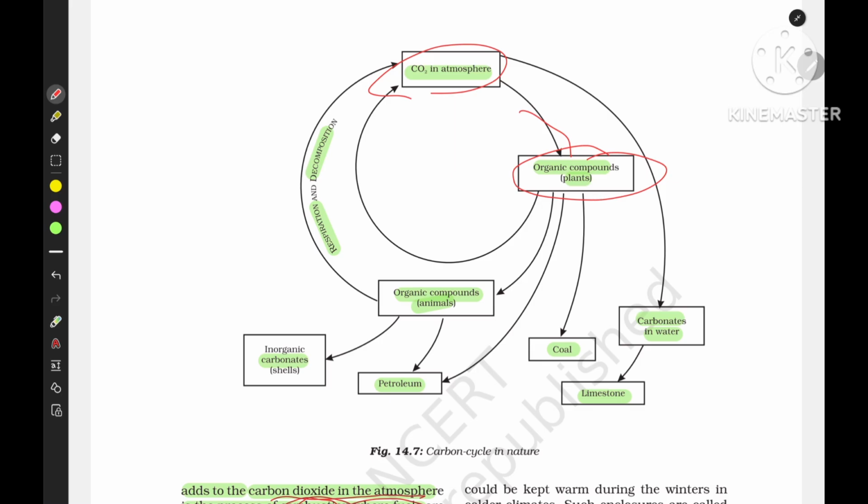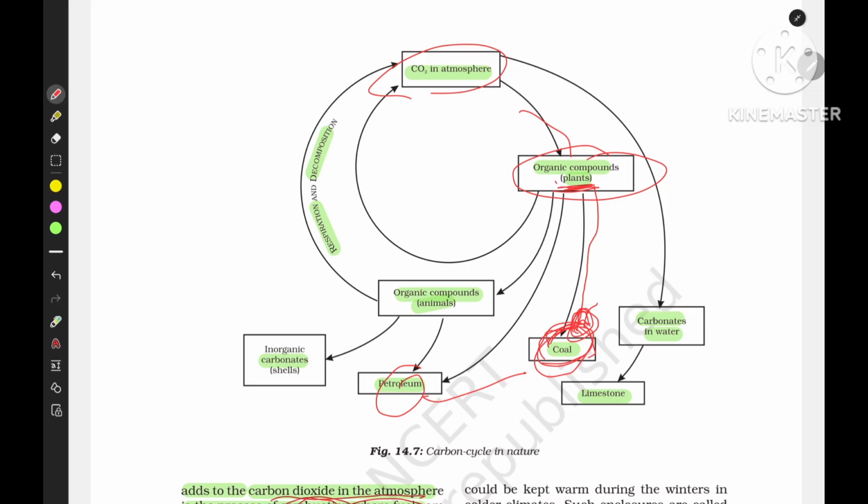First, when the plant dies, it becomes coal, and coal is a natural fuel which contains hydrocarbons, made from this carbon. In another case, they also form petroleum. Coal and petroleum are formed from decayed organic plant matter.